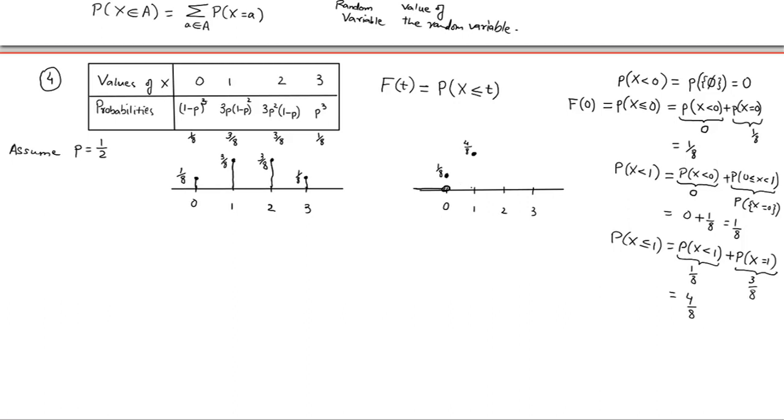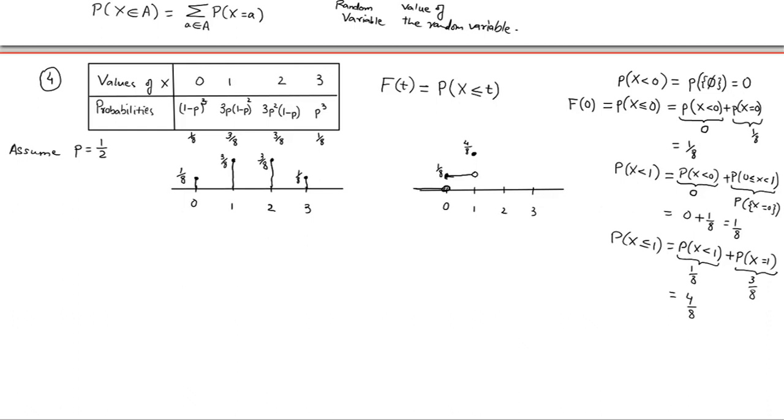But as long as I am between 0 and 1, as long as I am less than 1, the probability is going to remain 1 over 8. But as soon as I reach 1, the probability is going to jump to 4 over 8.